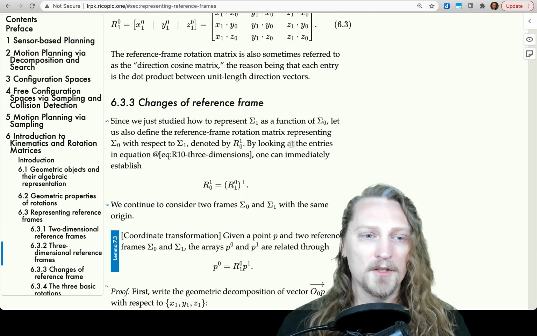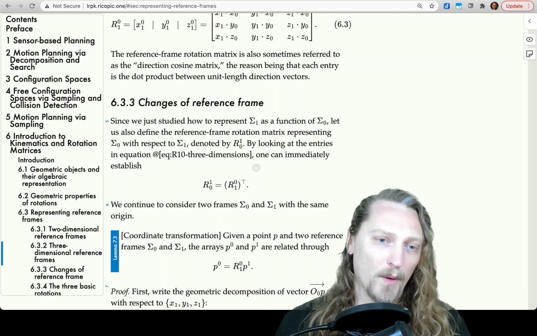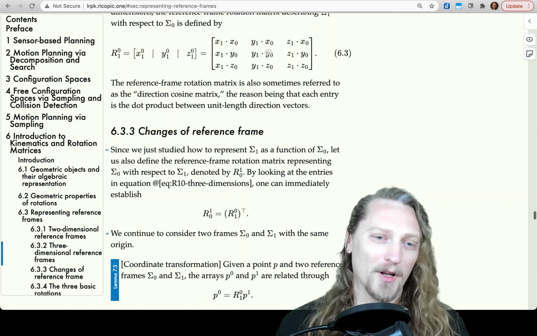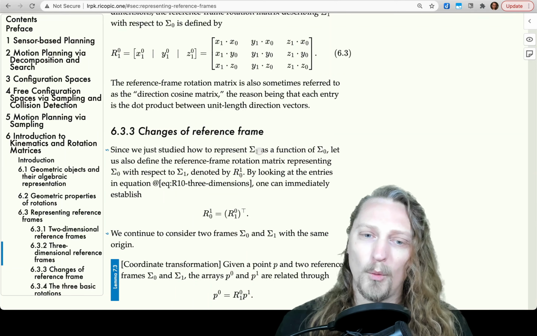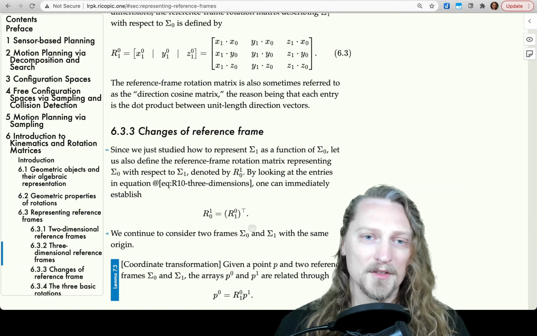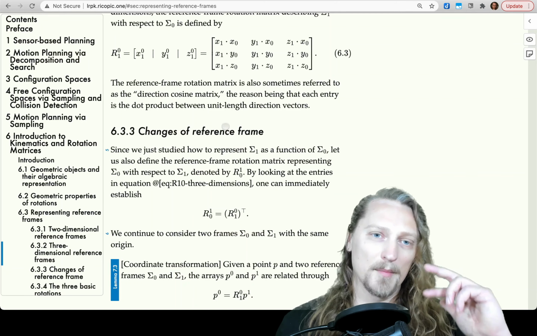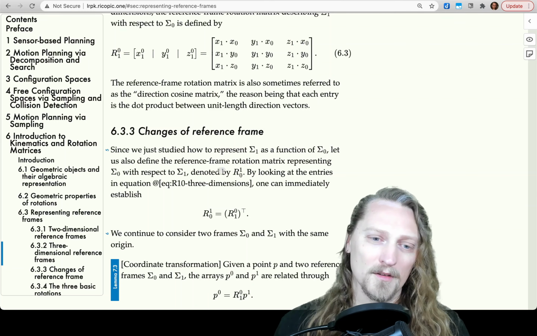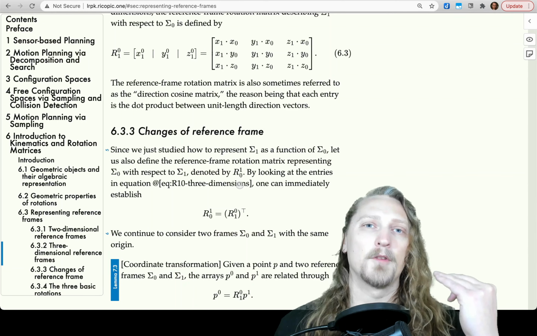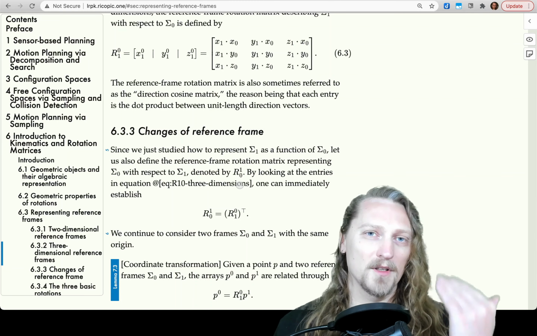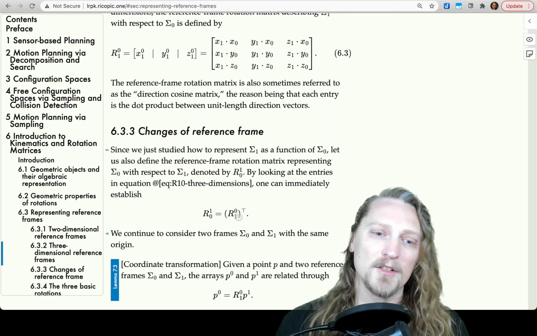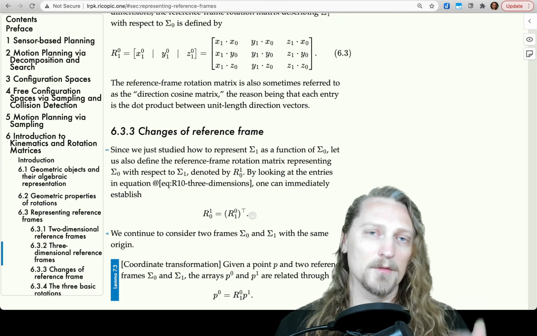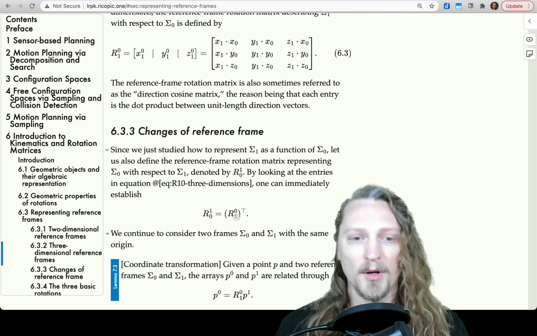By looking at the entries in this equation here, apologies, the reference didn't come through, one can immediately establish that if you wanted to represent the other of our rotations, or the rotation matrix from one of our reference frames to the other, all we need to do is to transpose. If you want to switch which frame is referenced to the other, all you need to do is transpose your rotation matrix.